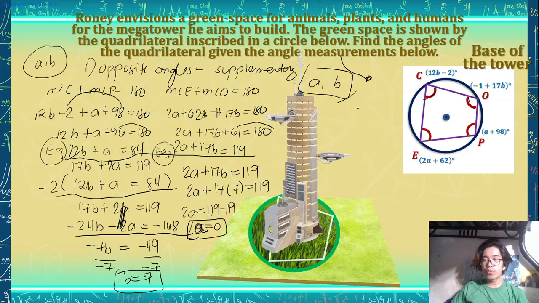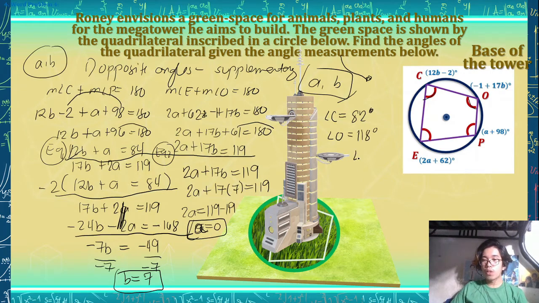Now if we're going to solve for all of the angles, the measurement of angle C is going to be 12 times 7 minus 2. 12 times 7 is equal to 84, minus 2, so that's equal to 82 degrees. The measurement of angle O is going to be 17 times 7 minus 1, so that's going to give us 118 degrees.